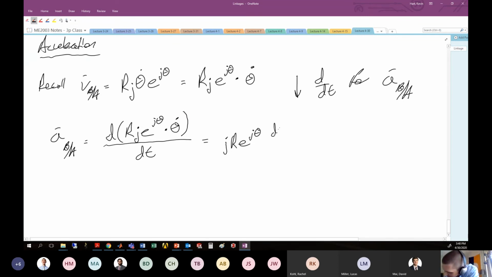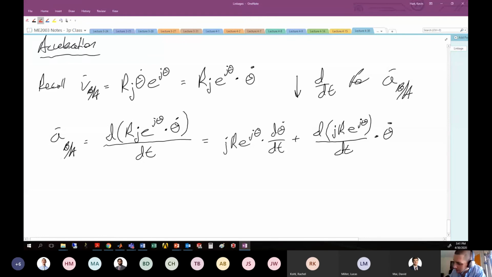So this will be d theta dot dt plus the derivative of the first times the second. So this will be the derivative of the first bit, which is j r e to the j theta with respect to time times the second, theta dot.